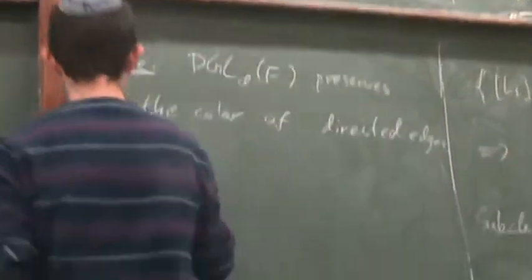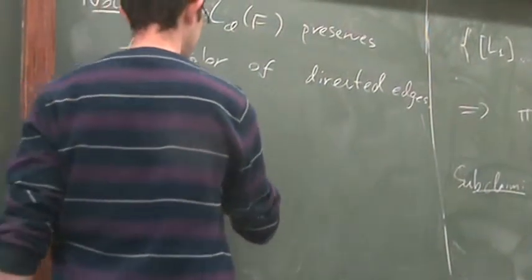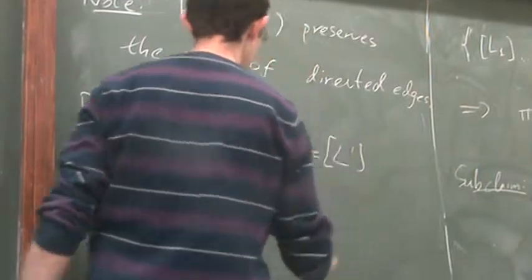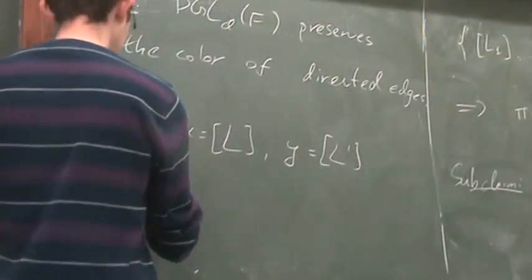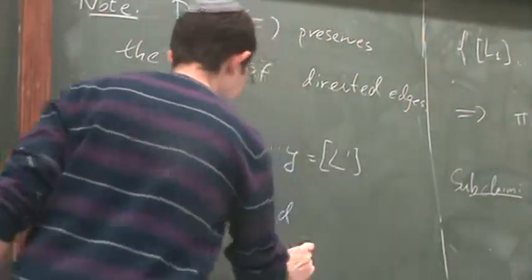So here's a proof. Say x is L and y is L prime. Without loss of generality, L is contained in L prime, contained in O to the d.